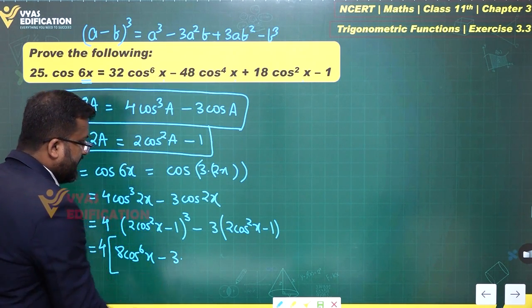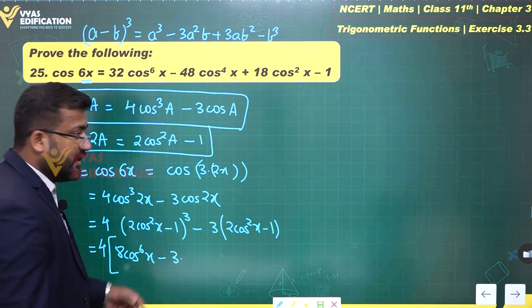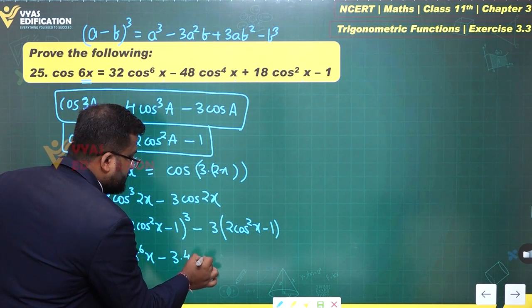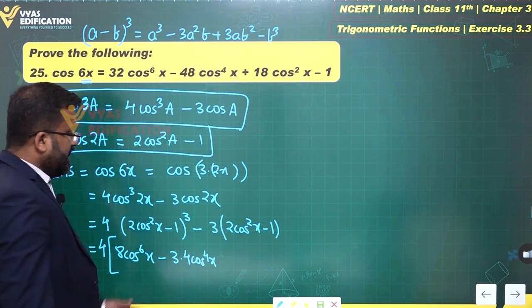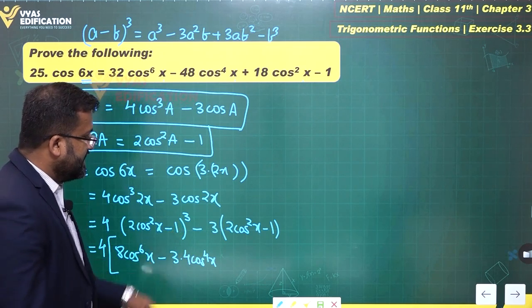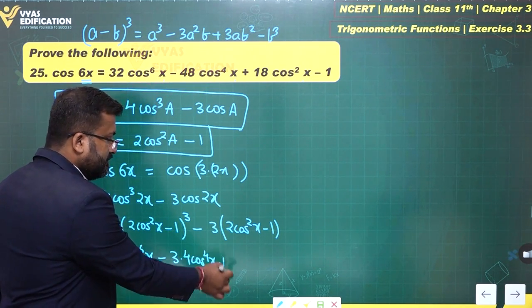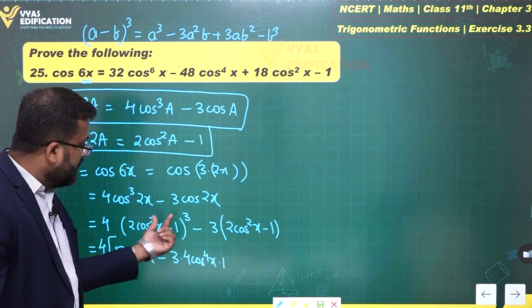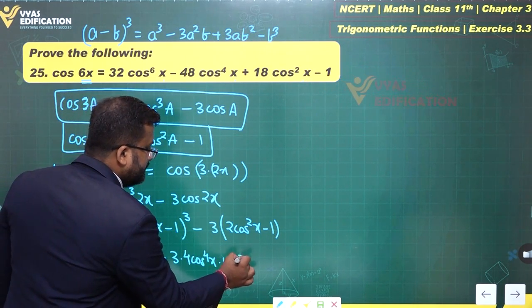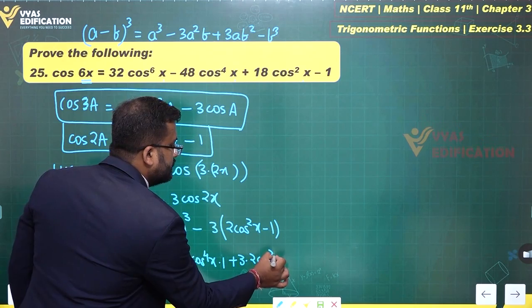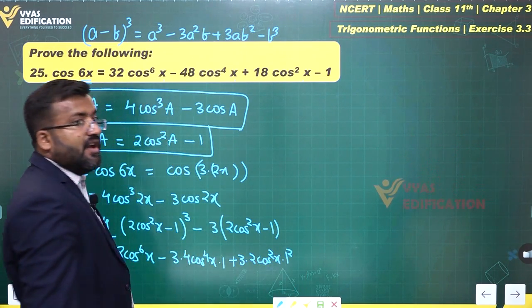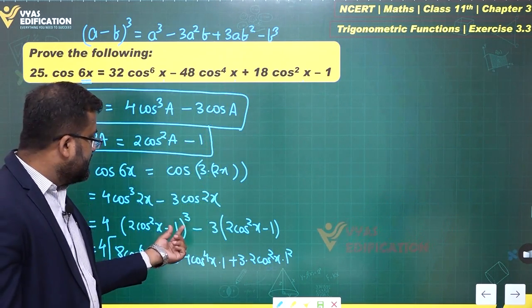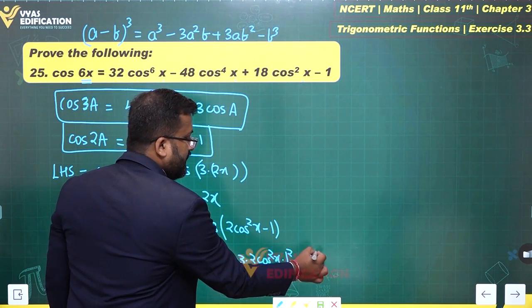Minus 3 times a square. A square is 2 cos square x whole square, which is 4 cos power 4x. 3a square b, b is simply 1. That's okay. Plus 3ab square: 3 times 2 cos square x times 1 square. Minus b cube, that is minus 1 cube.